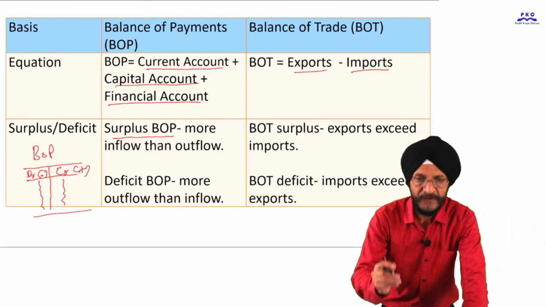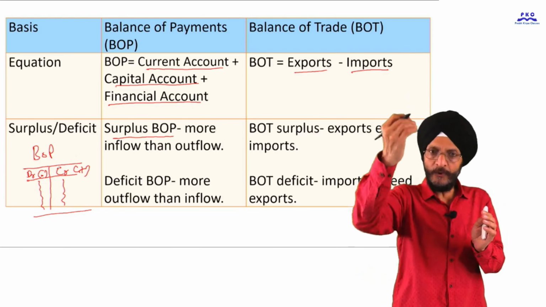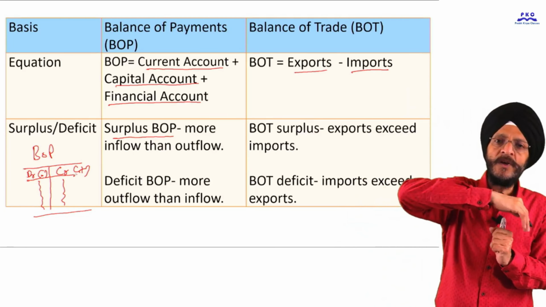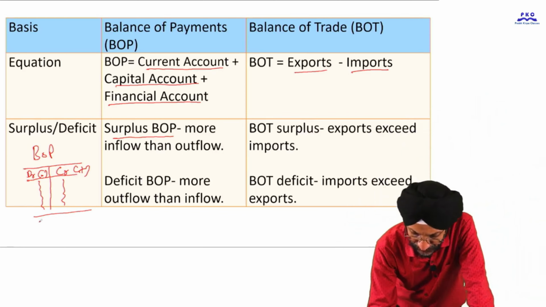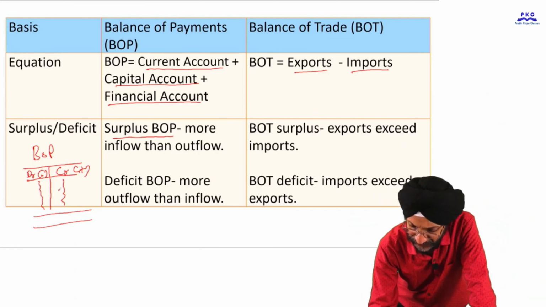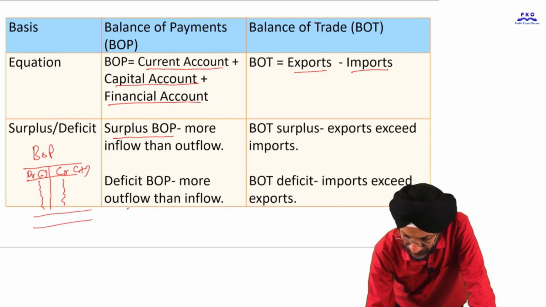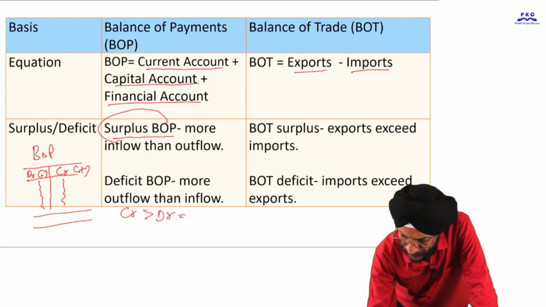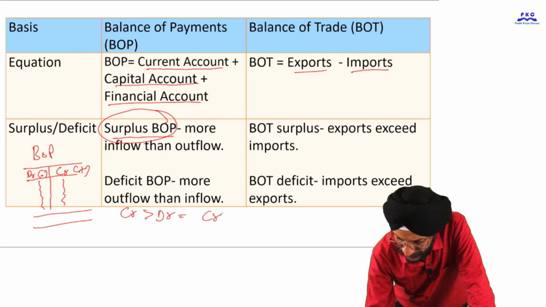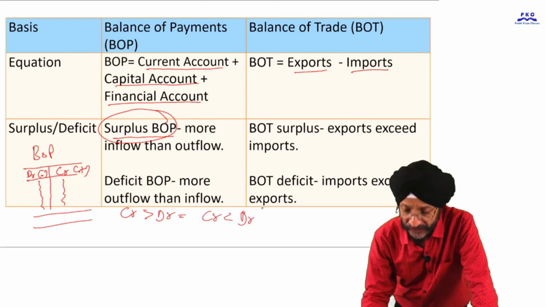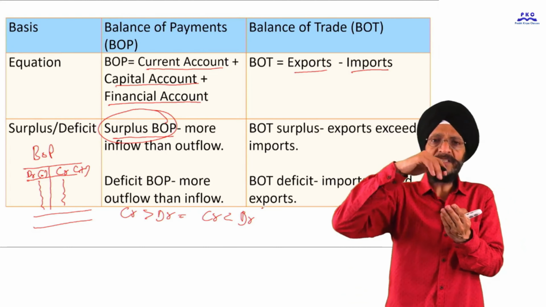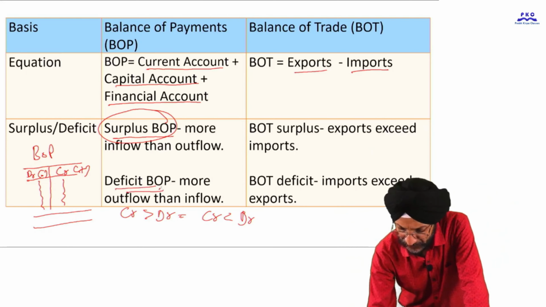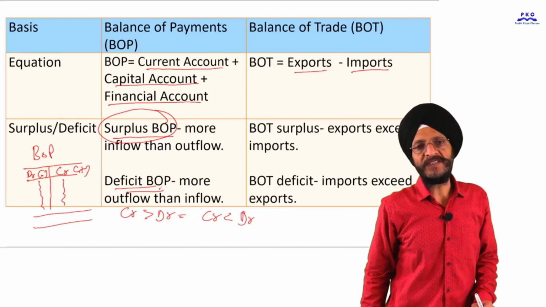All the items which result into inflow of foreign exchange are recorded on the credit side, and all the transactions which result into outflow are recorded on the debit side, and we make a total of the debit side and credit side. And if credit side is more than debit, it is surplus BOP, and if credit is less than debit, that is inflow is less, outflow is more, then it is deficit BOP, deficit balance of payment.